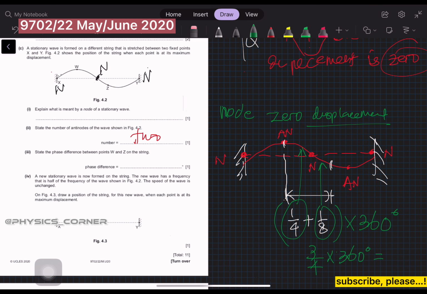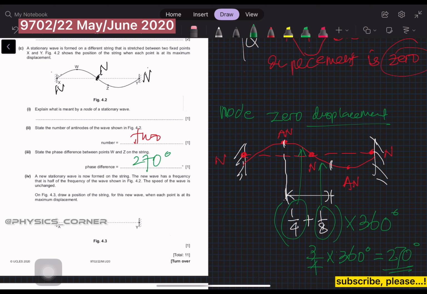So equals how much? 360 times 3 divided by 8 is 135... no, 270 degrees. That's it. So here is 270 degrees.